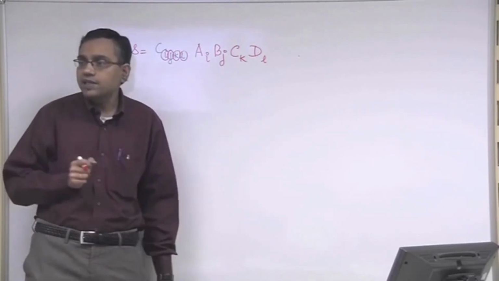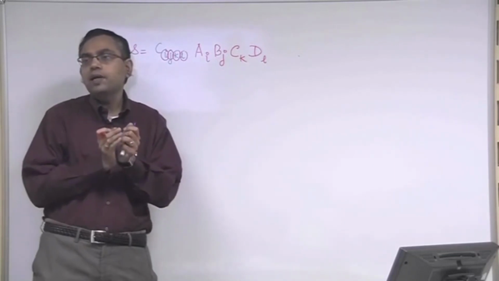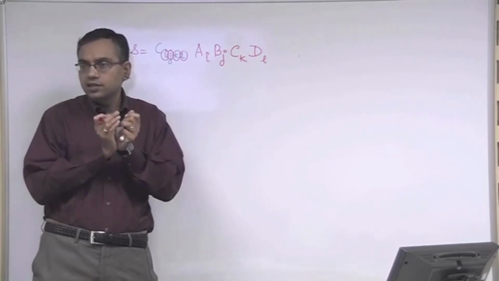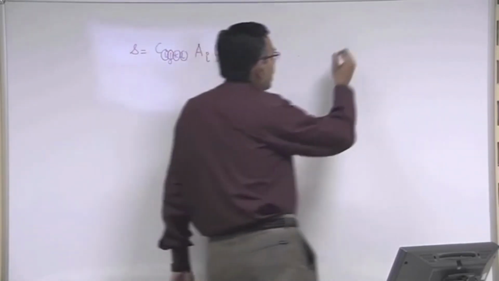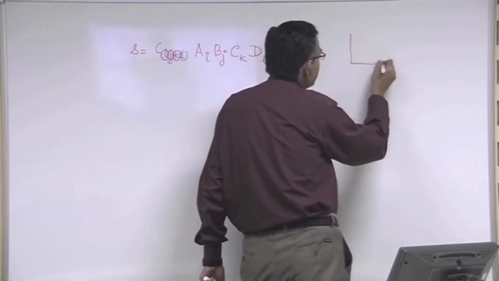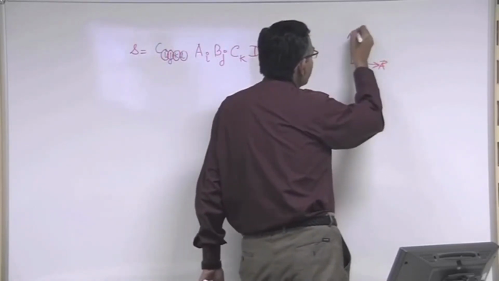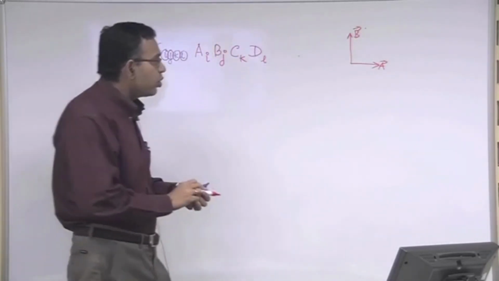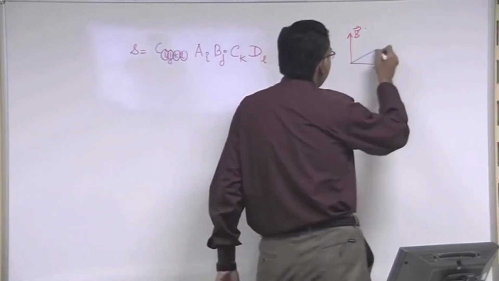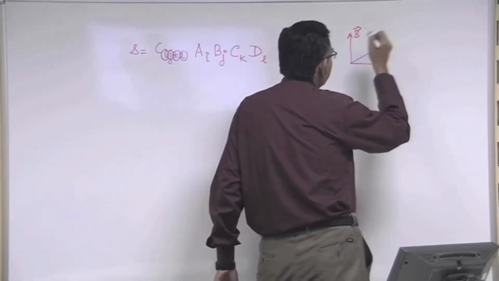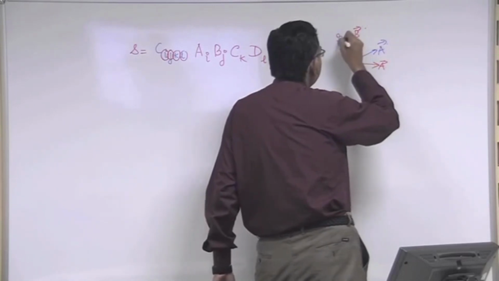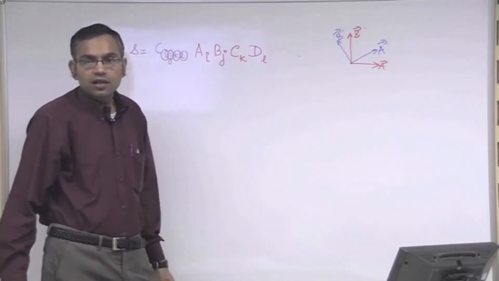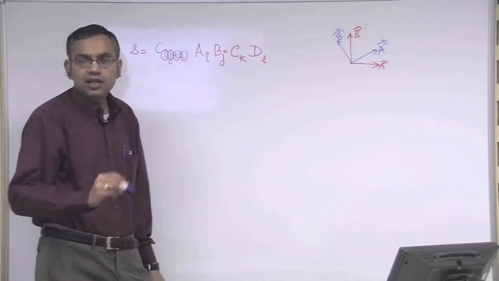If it is an isotropic scalar, then it should not be dependent on the absolute orientation of the vectors. That means, if you have the vector A and B, let us say this is vector A, this is vector B. Now, if you rotate this system so that the vector A comes to this new location and vector B comes to this new location, then the scalar should not depend on this rotation.